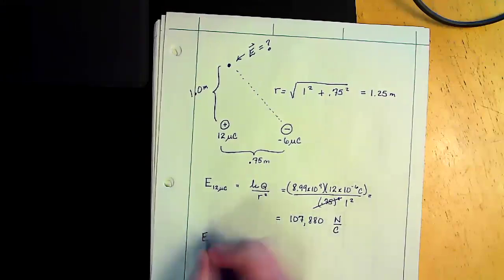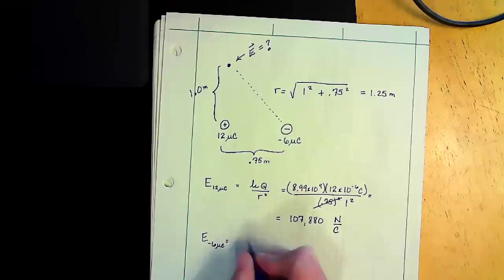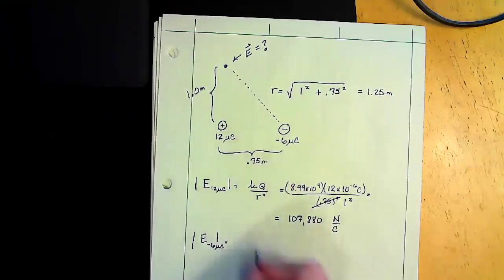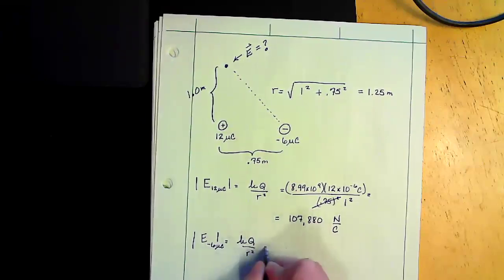The electric field at that point, due to my negative 6 charge, we're looking at magnitude here. We'll deal with direction in a minute. It's going to be KQ over R squared.